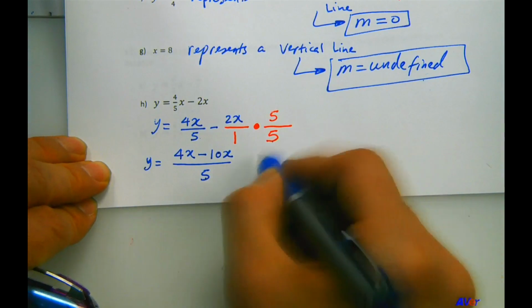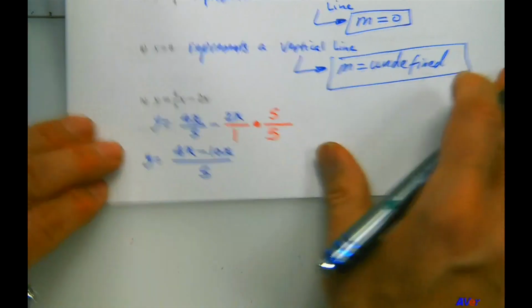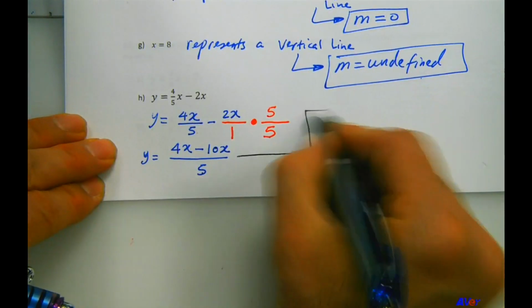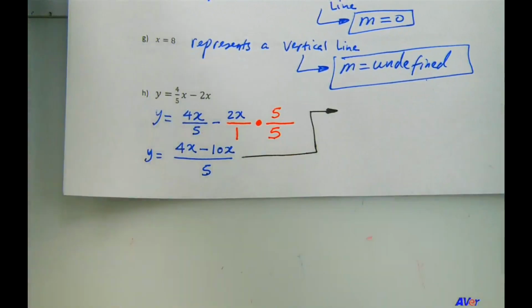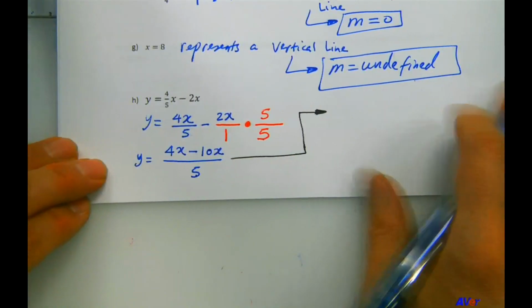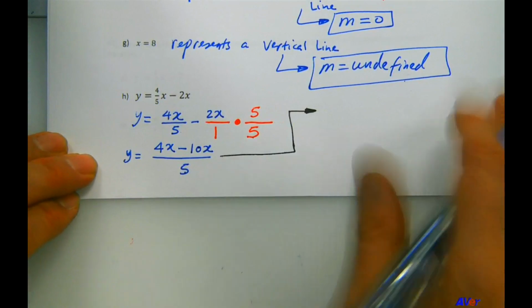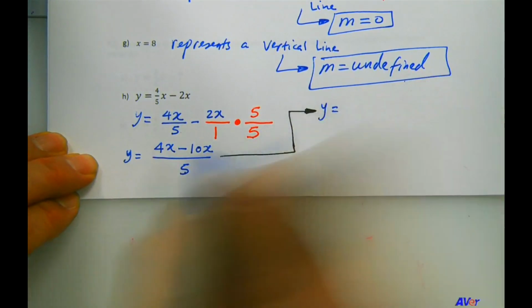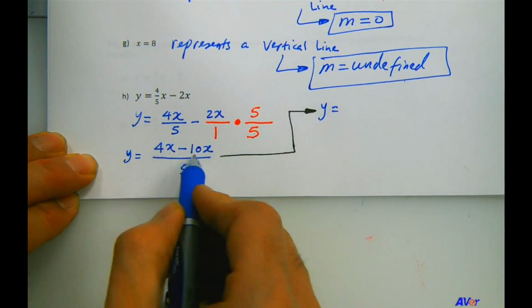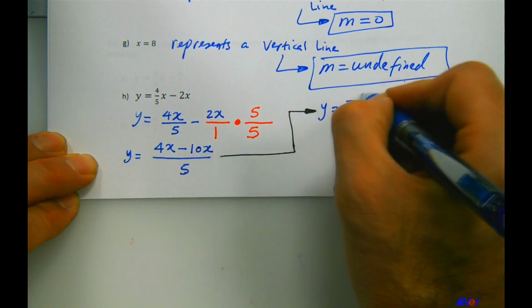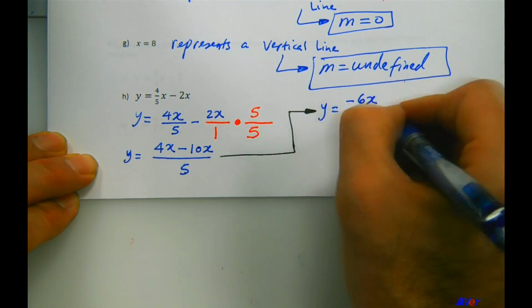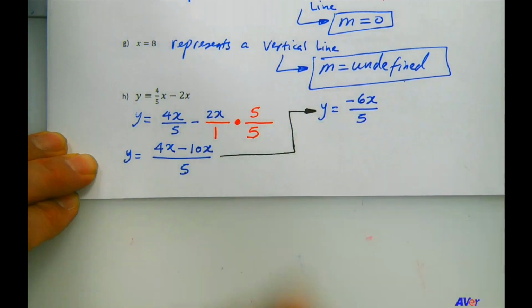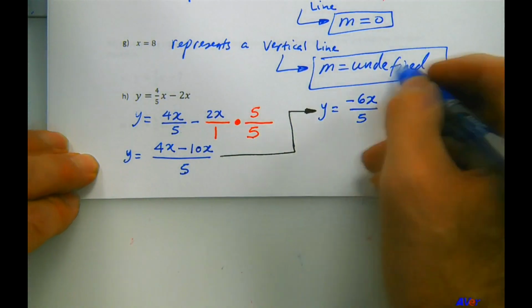Okay, and I'm going to put the rest of this over here, like that. So now y equals, let's subtract, 4x minus 10x is equal to minus 6x over 5. So we're done there.